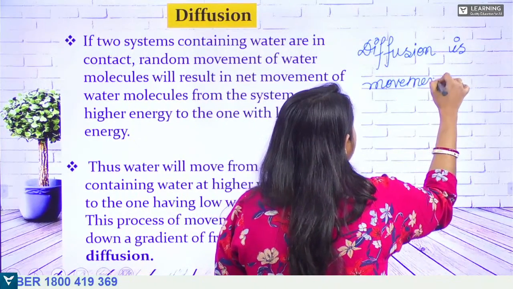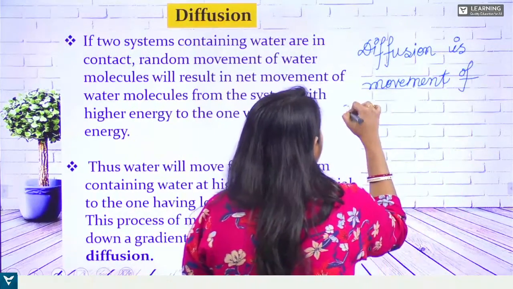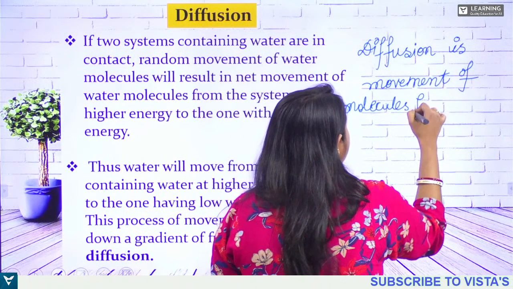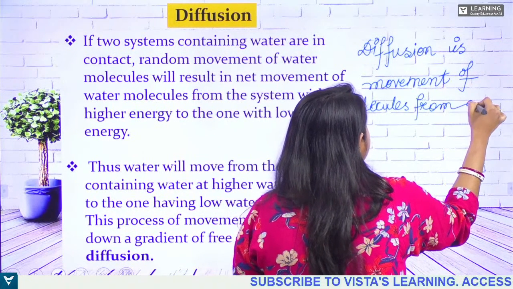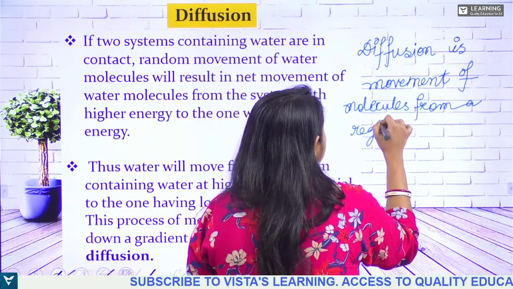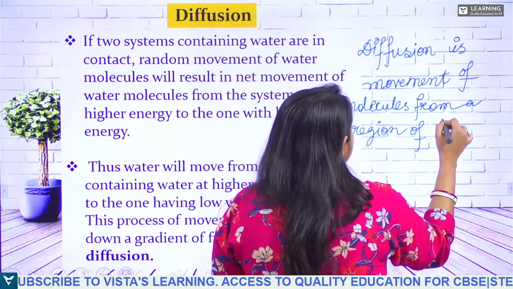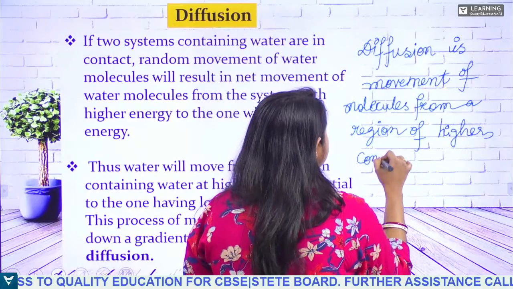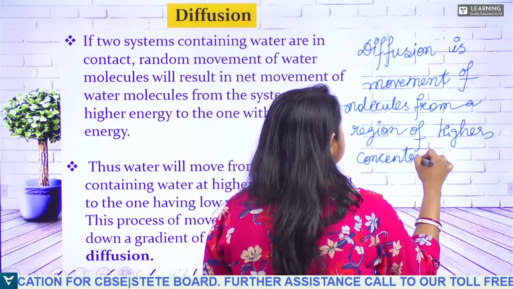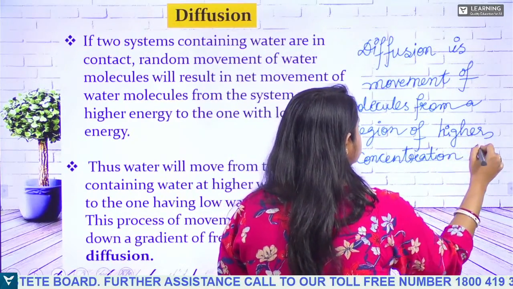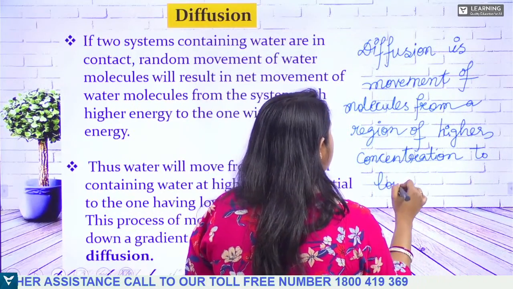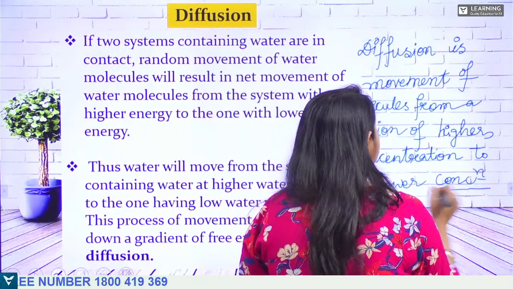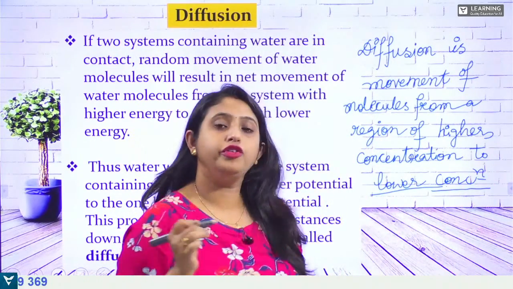Diffusion is movement of molecules from a region of higher concentration to lower concentration. Is that clear? This is the definition for diffusion.